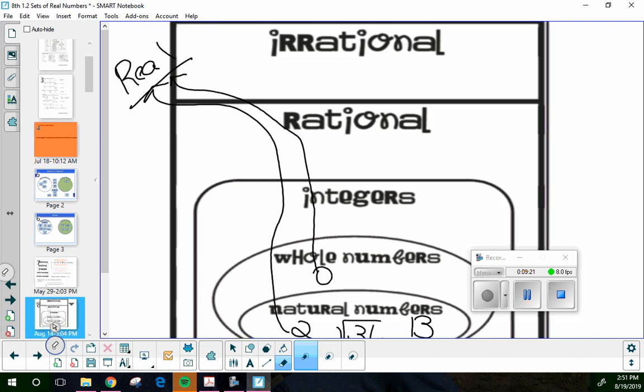Okay, let's talk about integers. If you look at your definition, integers are positive and negatives, but they're still whole. So, negative 18, negative 99, negative square root of 81.